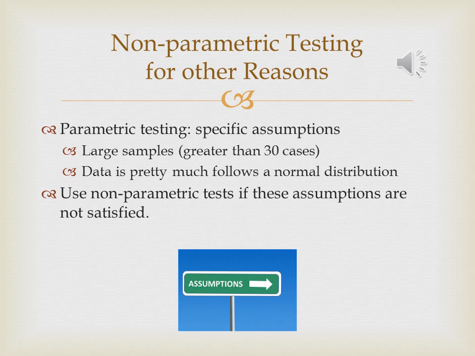The data has to pretty much follow a normal distribution. And when those two assumptions can't be satisfied, then you switch over to non-parametric testing. And non-parametric testing is a little bit more flexible when assumptions aren't satisfied.